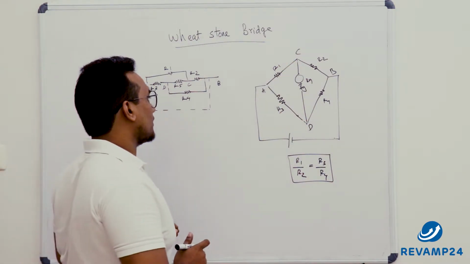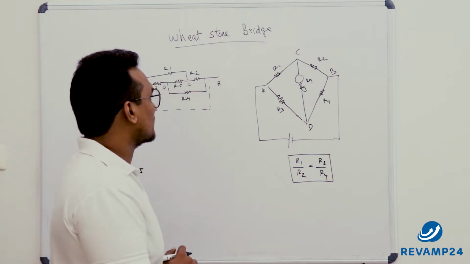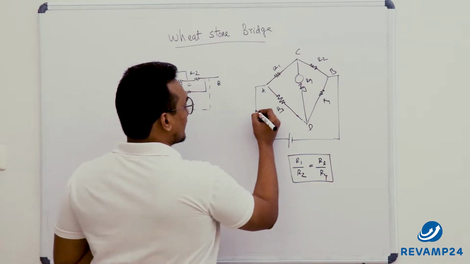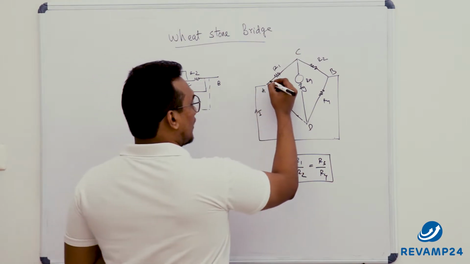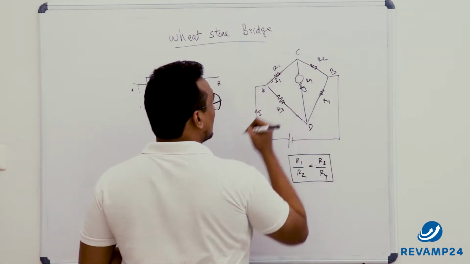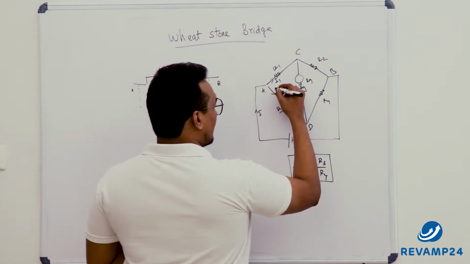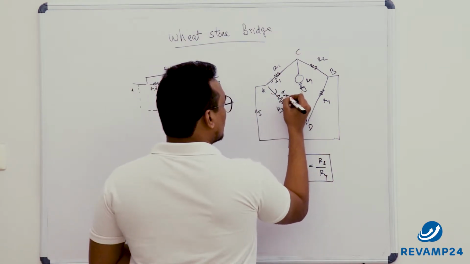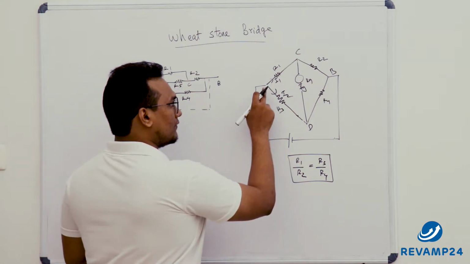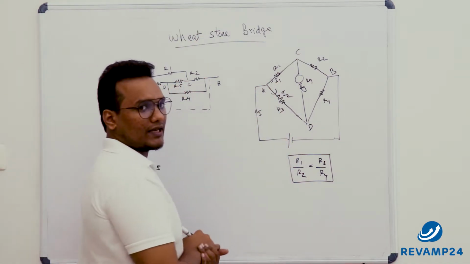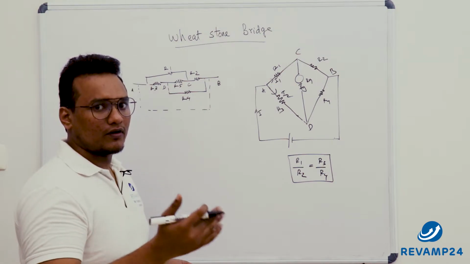And another important thing from the circuit is, let's say current I comes. Out of that, I1 goes through R1 and I2 goes through R3. At this junction we can apply Kirchhoff's first rule, right?